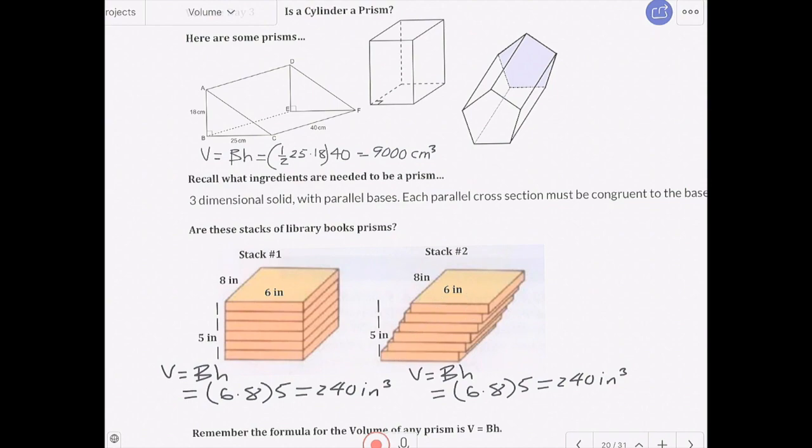It's still the same amount of material to make those books, so the volume is exactly the same. And that is something that is called Cavalieri's principle, that it doesn't matter if the prism is directly perpendicular to the base or if it is at a slant height. And we've seen an example like that in the last video.